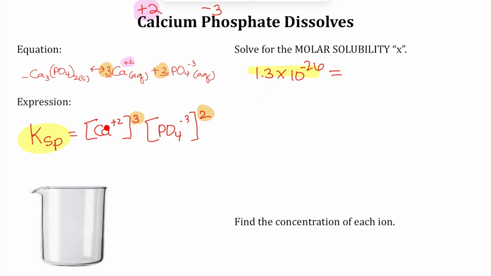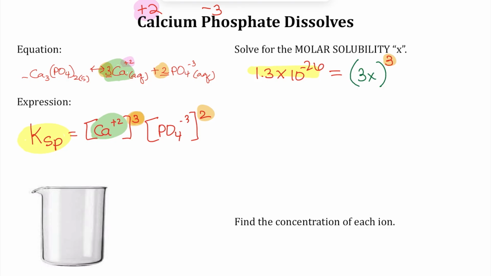So let's use x to show the molar solubility. But I have calcium +2, I have 3 calcium +2s, so I'm going to have a 3x. I still, though, have that exponent of 3, so I'm going to have that 3x cubed.